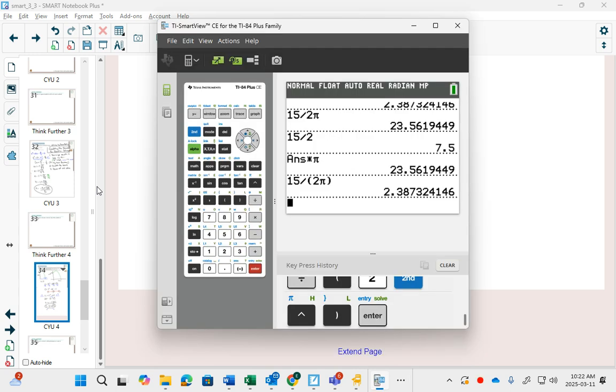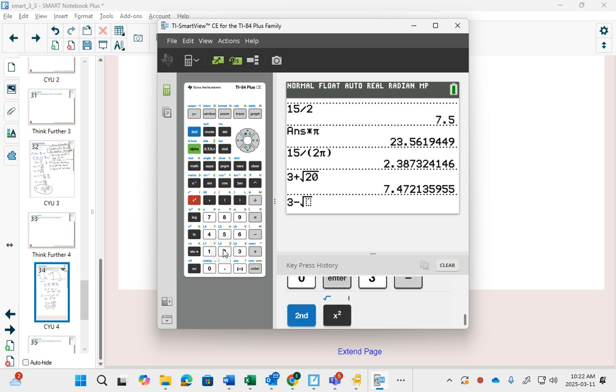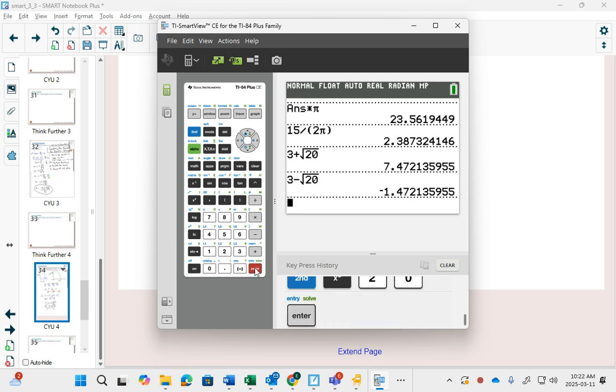If I do 3 plus the square root of 20 and 3 minus the square root of 20, or I could write 2 root 5, I get an answer of 7.5 and negative 1.5.